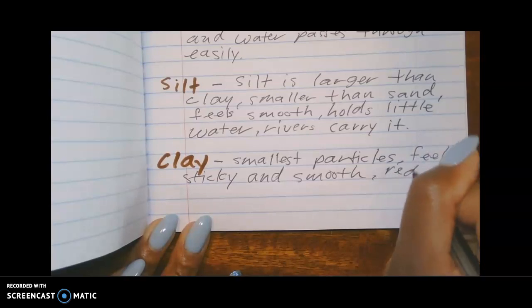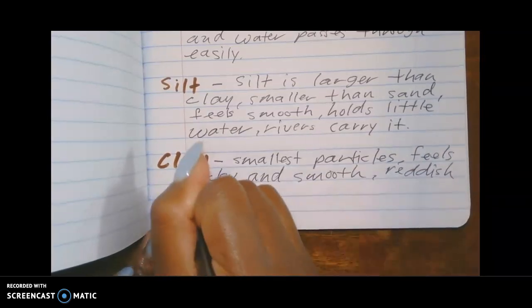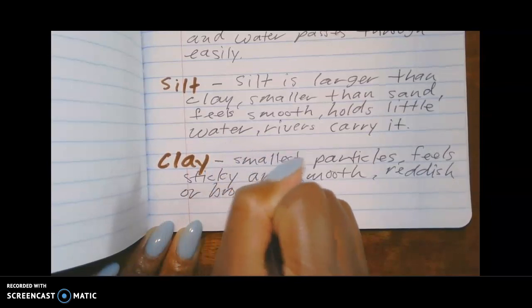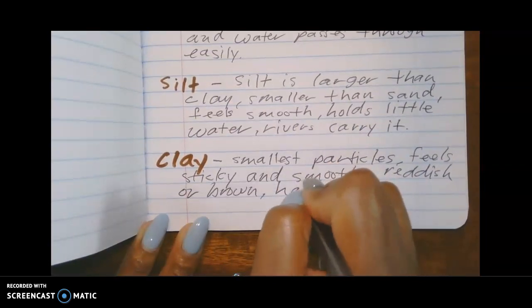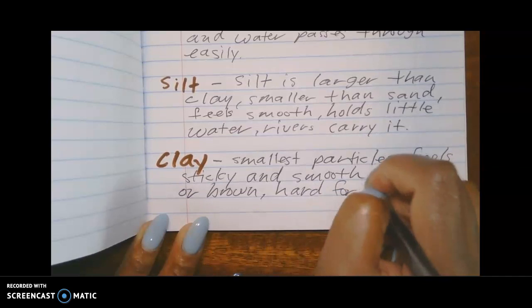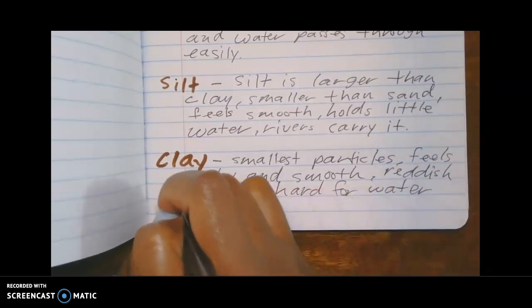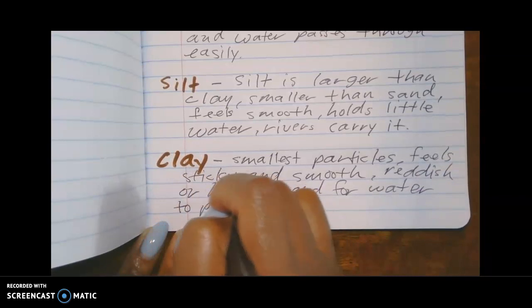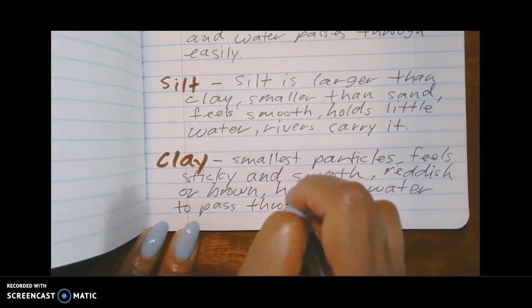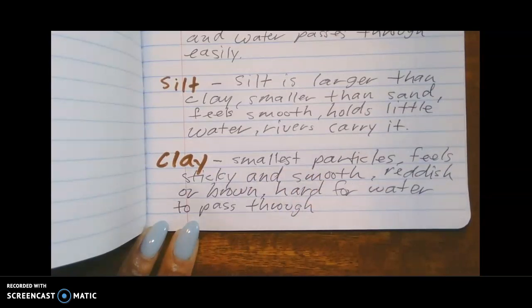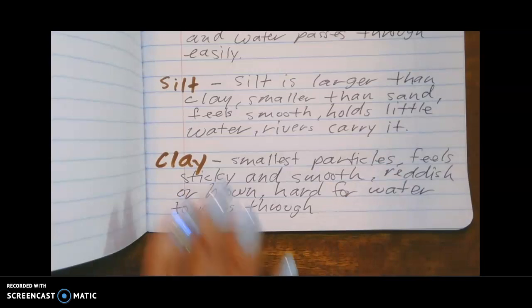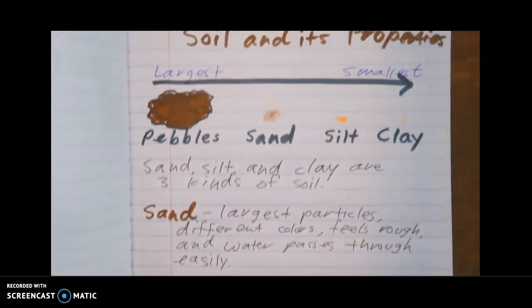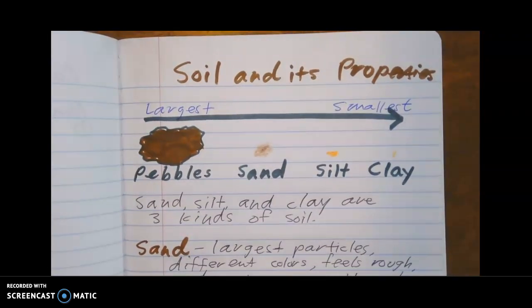Is reddish or brown in color. It is hard for water to pass through. Okay, and that's it for clay. So, that is soil and its properties.